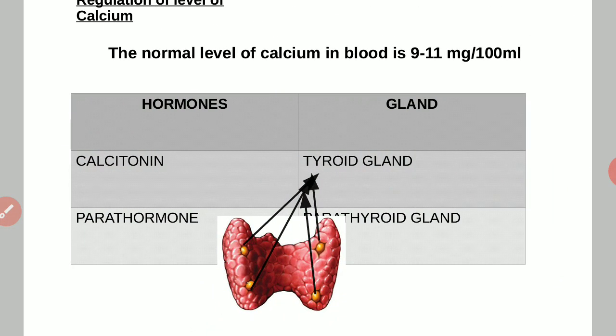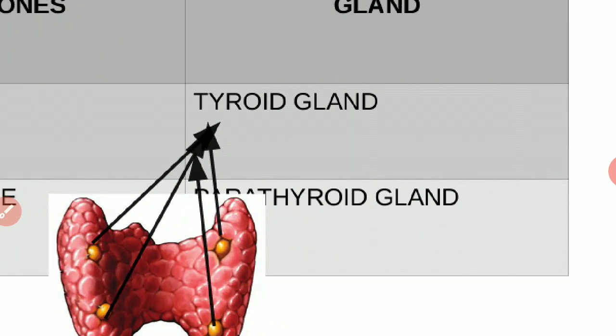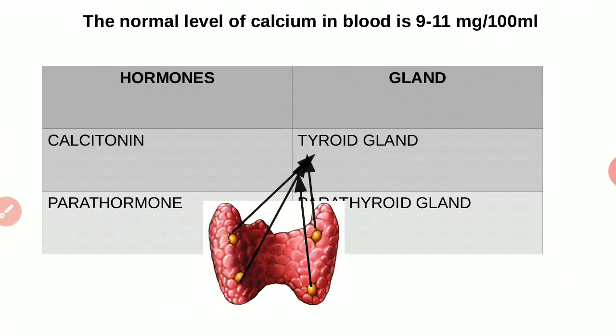I hope you know the glands which produce the hormones calcitonin and parathyroid hormone. Calcitonin is produced by the thyroid gland, and parathyroid hormone is produced by the parathyroid gland, which is situated behind the thyroid gland.